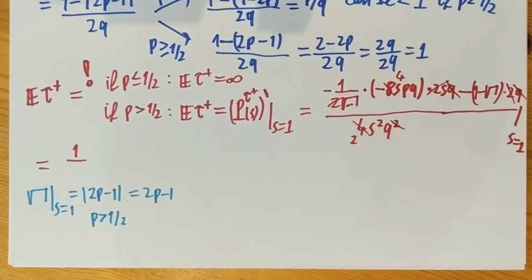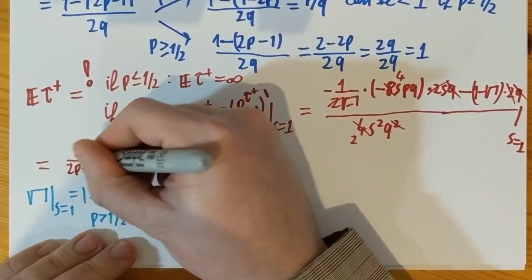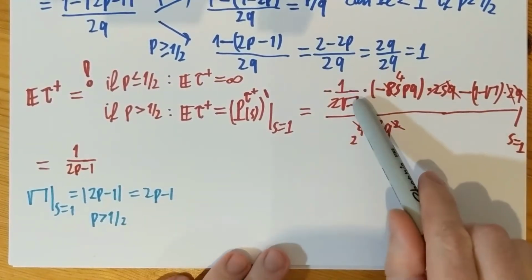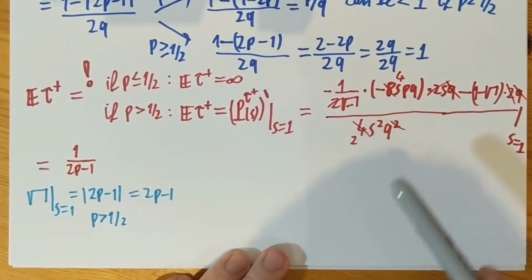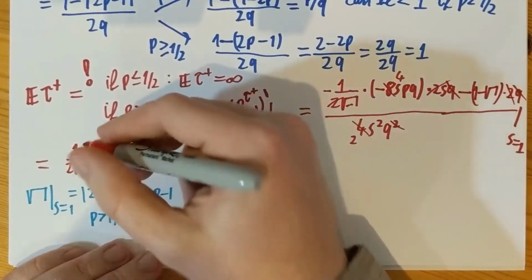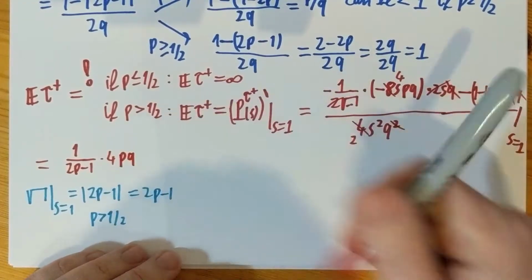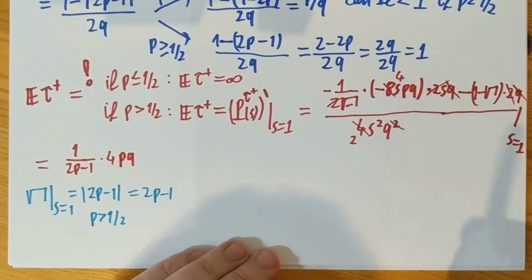Now it's getting a bit complicated, but let's hope that everything works out fine. So 1 over 2p minus 1 for the square root. Then the minus is gone. I'm left with a 4 and pq. At s equals 1, I don't need to write that down.